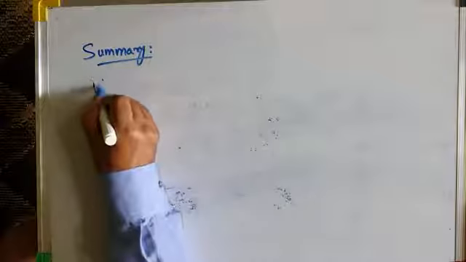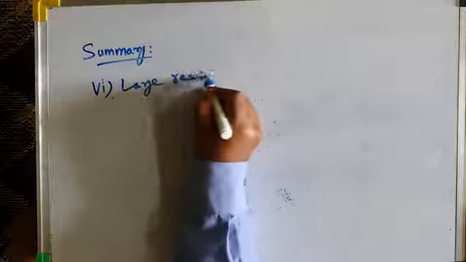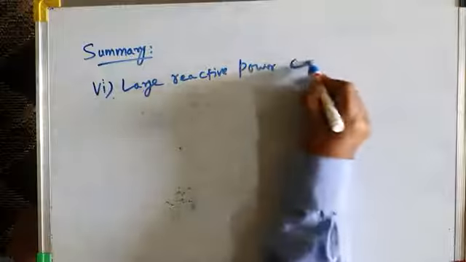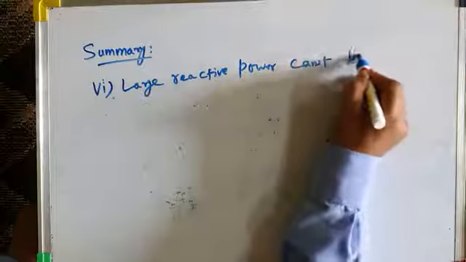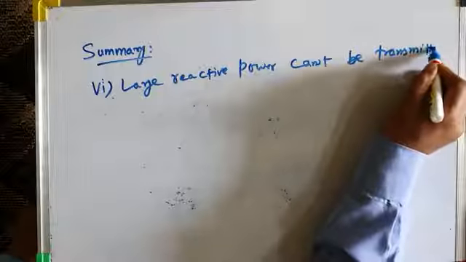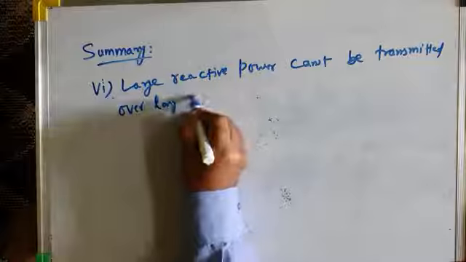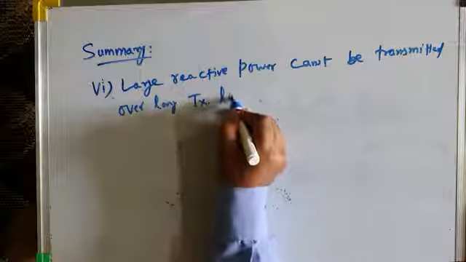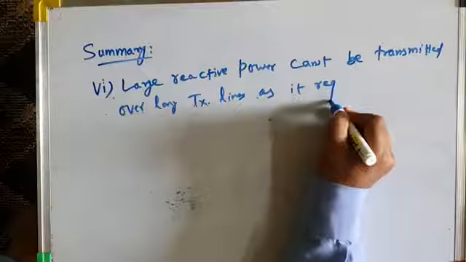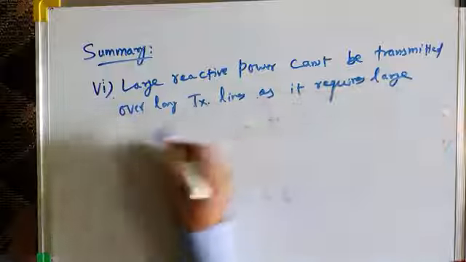Sixth is large reactive power can't be transmitted over long transmission lines, as it requires large voltage gradient.